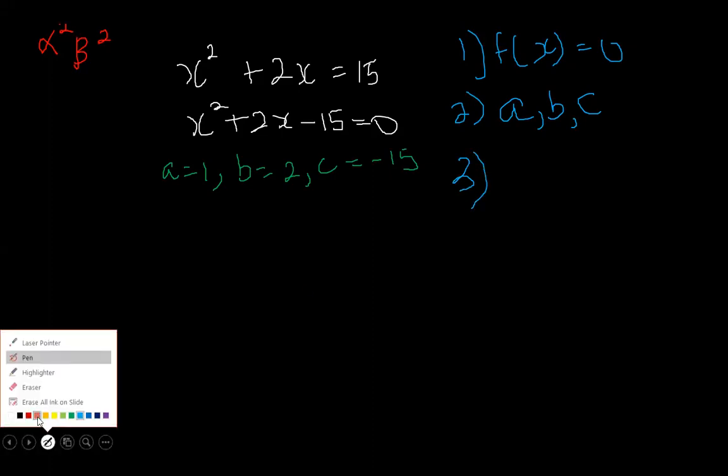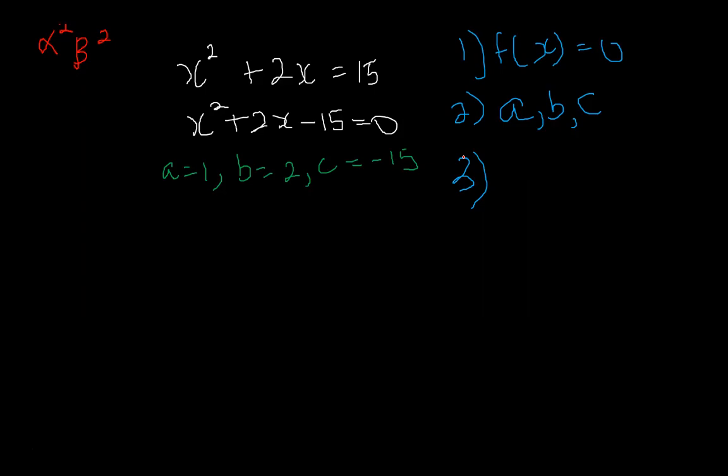Using two formulas, alpha plus beta and alpha beta. What's the formula for alpha plus beta? What's the formula for alpha beta? C over A.